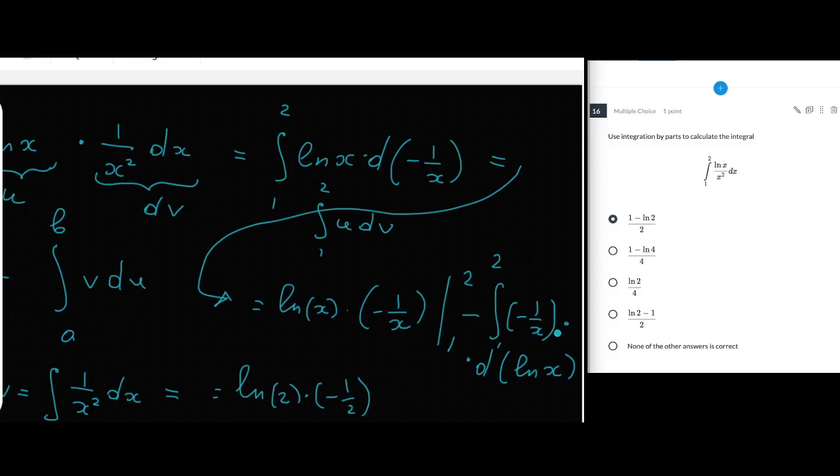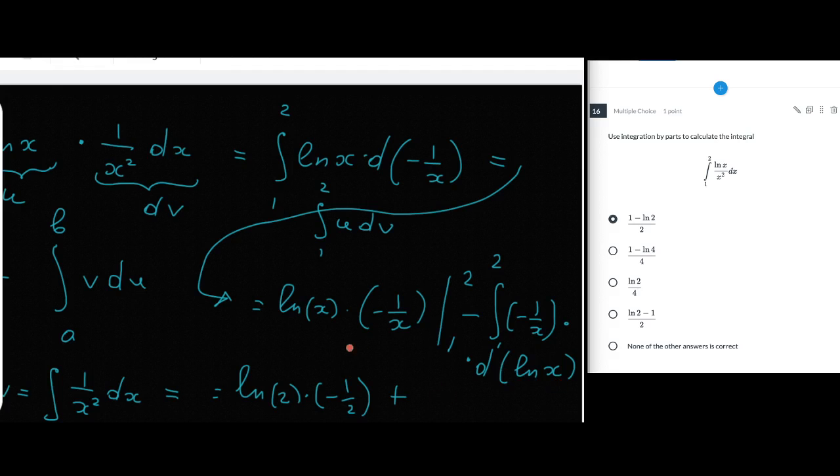What do we get for the second integral? So plus. First of all, the two negative signs will cancel out, this negative sign right here and the negative sign in front of 1 over x inside the integral. And also remember that the differential of natural log of x will be 1 over x dx.